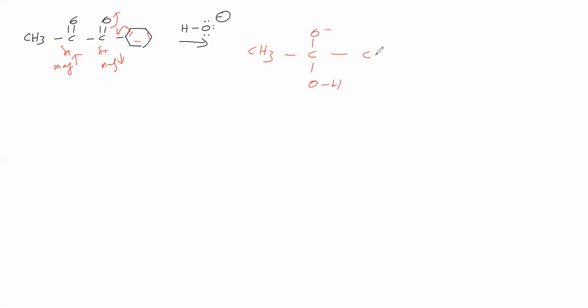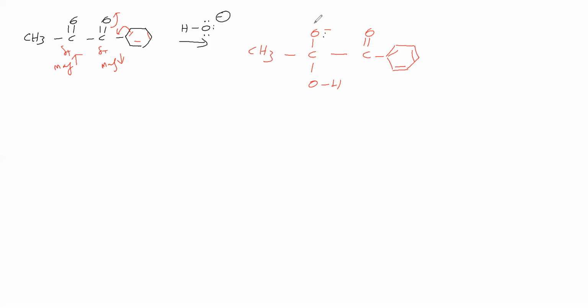Here C double bond O, here the phenyl ring. So next step we will see. What is the next step? Migration of group. What group will migrate?